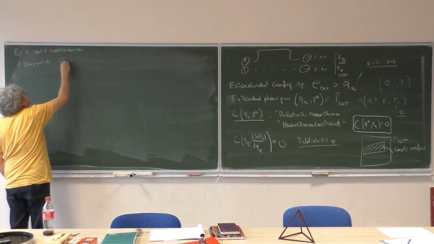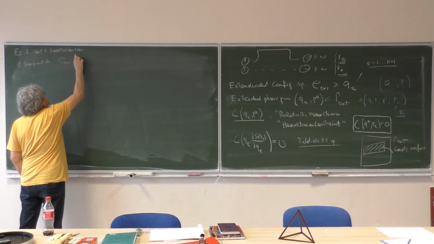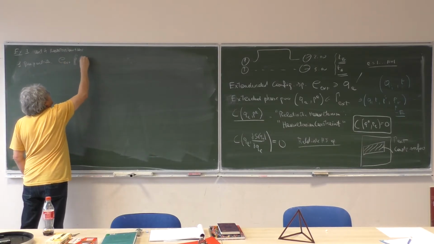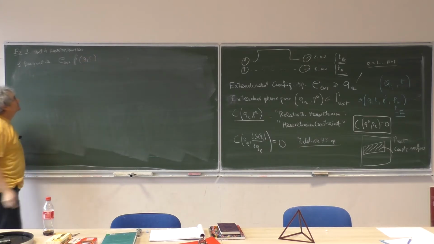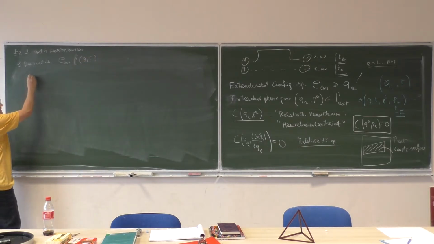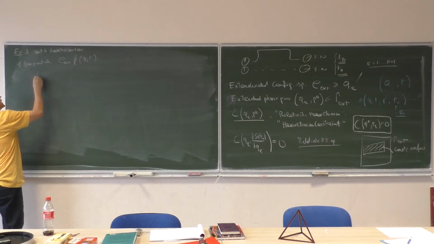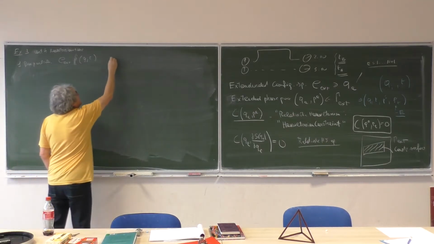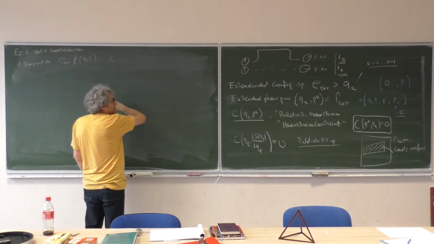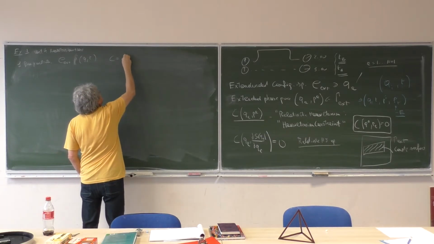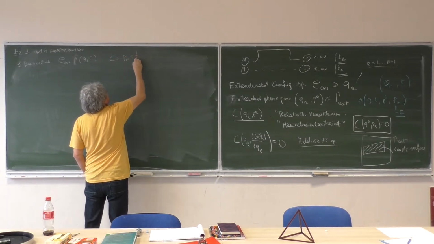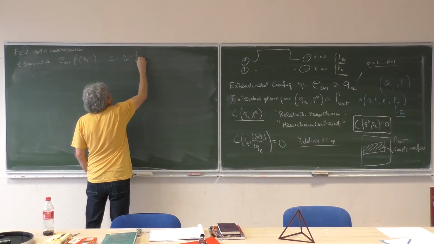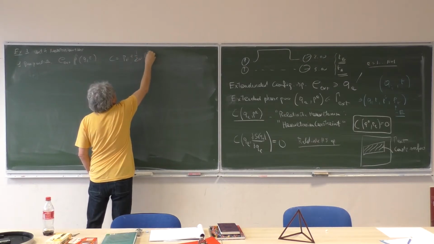Okay, the extended configuration space, you can call the variables position and time. And the relativistic Hamiltonian is p_t plus 1 over 2m p squared, of course.